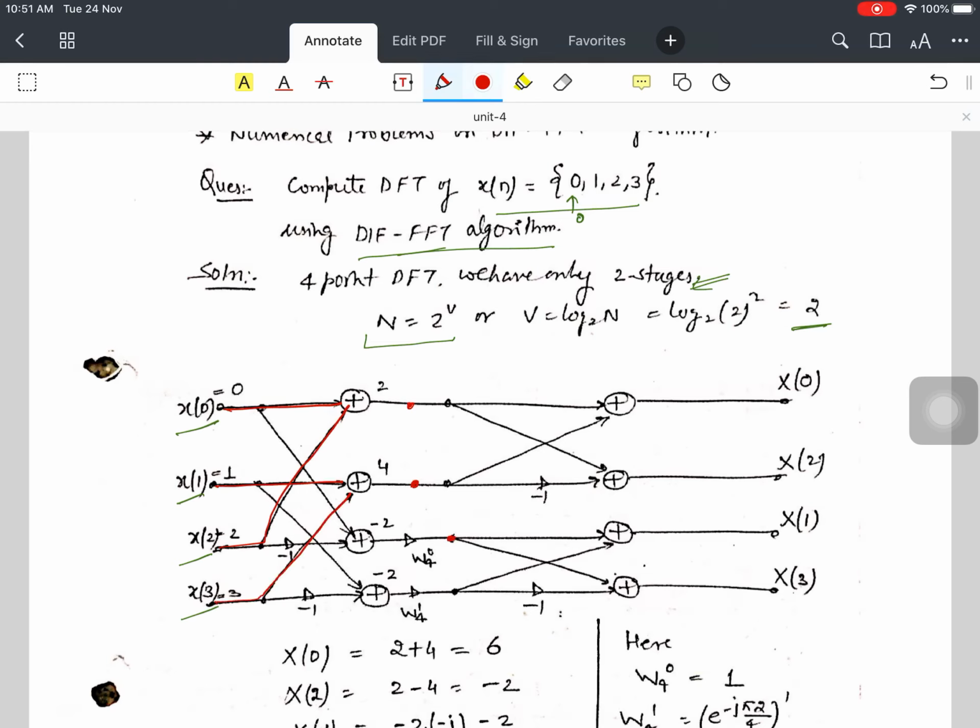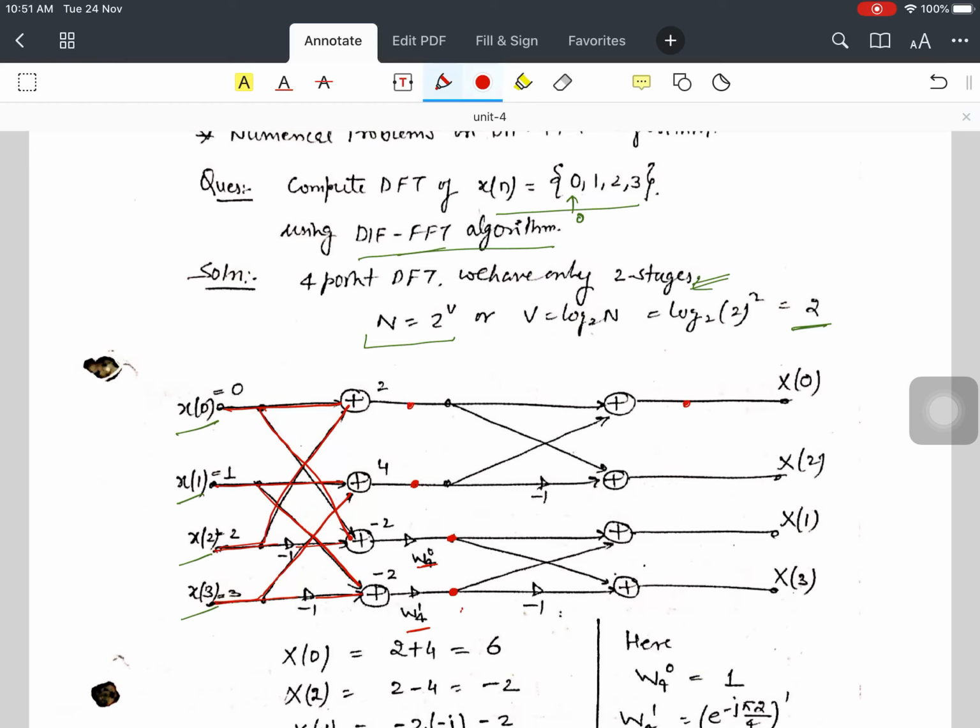At this point you have x1 summed with x3 multiplied by minus 1, and after that multiply with W4^1. So we get these values.